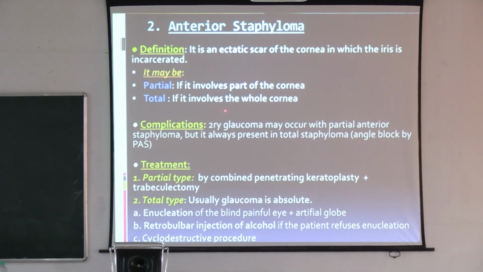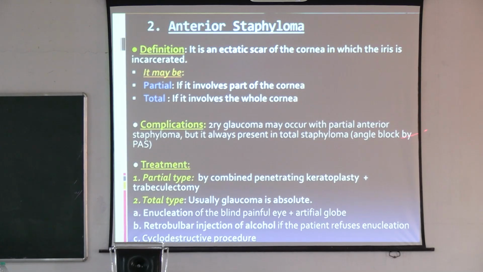If the whole cornea is involved, it is total anterior staphyloma. Then complications: there may be secondary glaucoma, which affects partial anterior staphyloma.